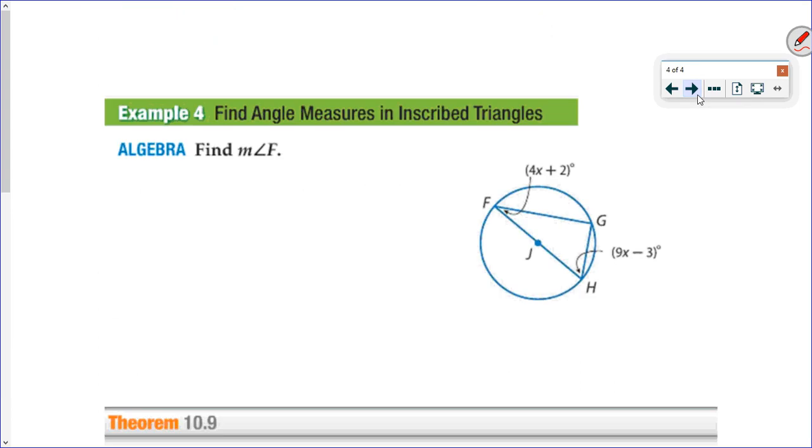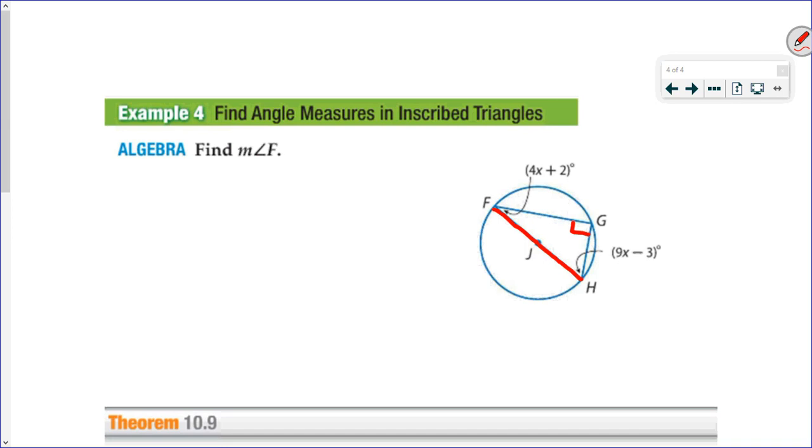Let's use this example. Example 4, we're going to use theorem 10.8 to find angle F. We know this triangle must be a right triangle because angle G intercepts a diameter, JH. So we know that angle G must be 90 degrees.